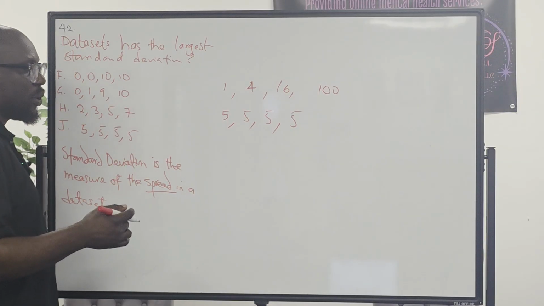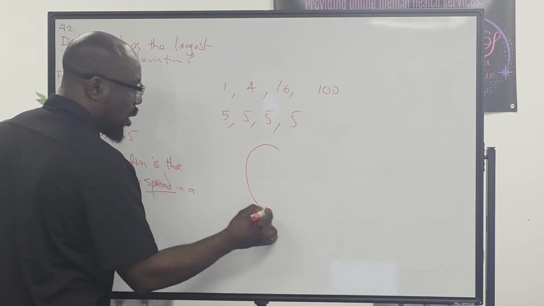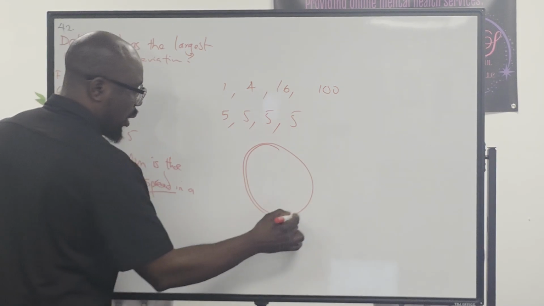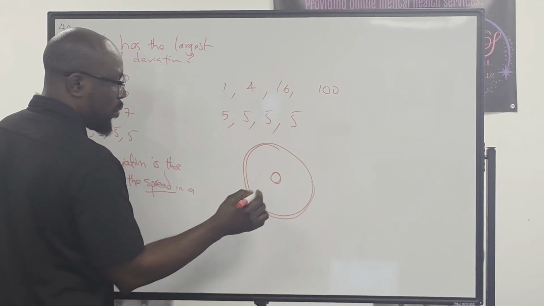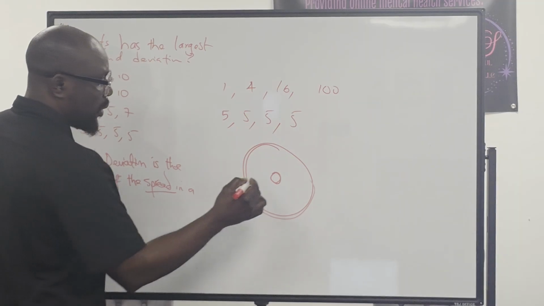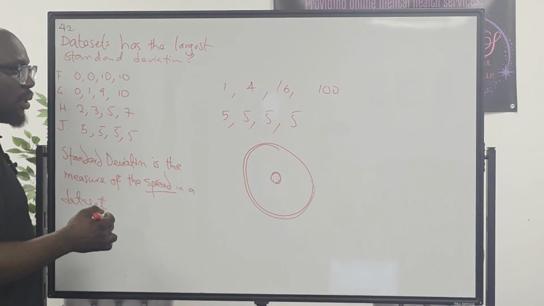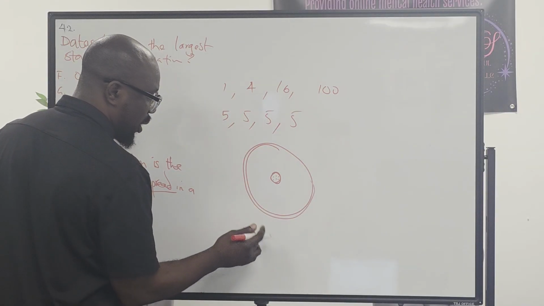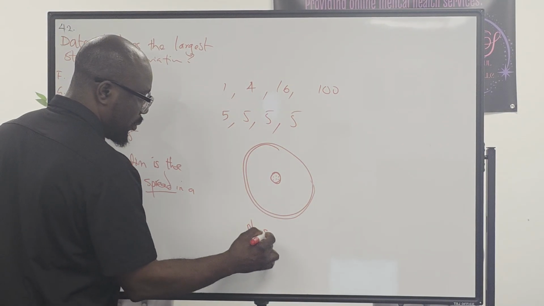Or for example, let's say somebody is shooting an arrow at a target, and all the arrows are supposed to meet in the middle right here. When you shoot your arrows, they actually stay in that middle. This means that there is no spread. It's tight.